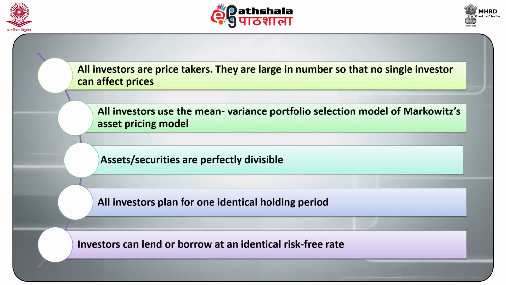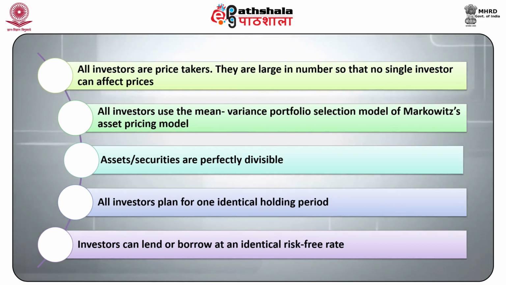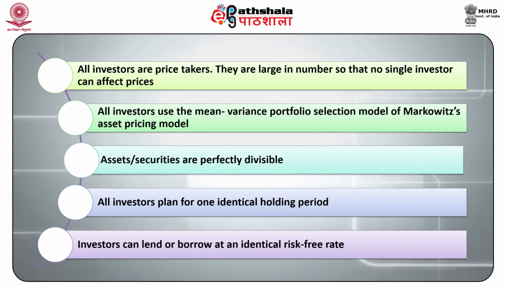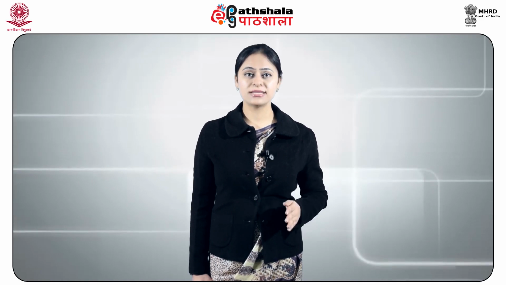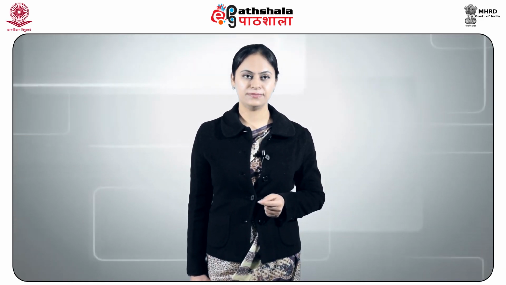All investors use the mean variance portfolio selection model of Markowitz. Assets or securities are perfectly divisible. All investors plan for one identical holding period. Investors can lend or borrow at an identical risk-free rate. There are no transaction costs and income taxes.